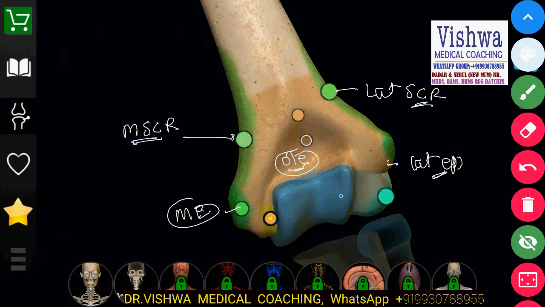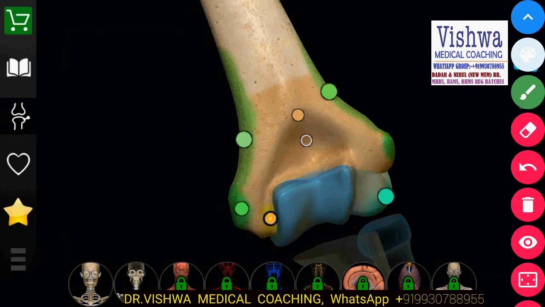This is the capitulum. This is the trochlea. So these are the enumerations on the posterior surface of the lower end of the humerus. You may also take screenshots in between so that you can keep them for your reference.